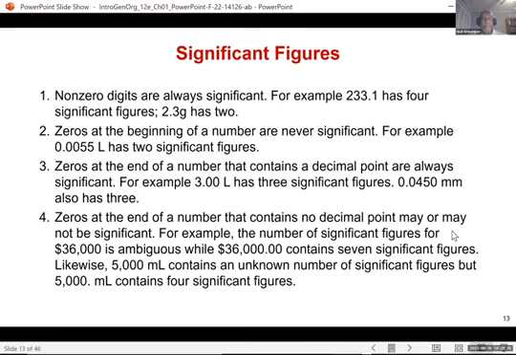For example, $36,000 is ambiguous. As written, it only has 2 significant digits.